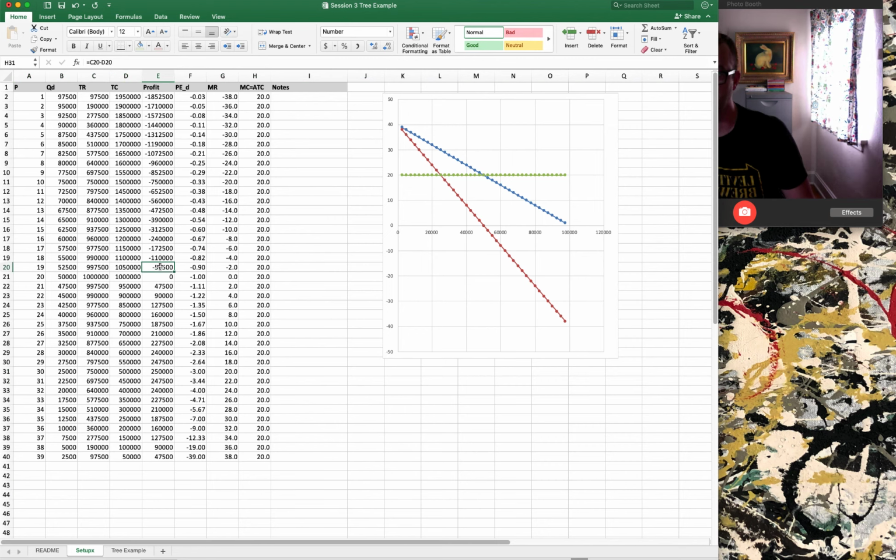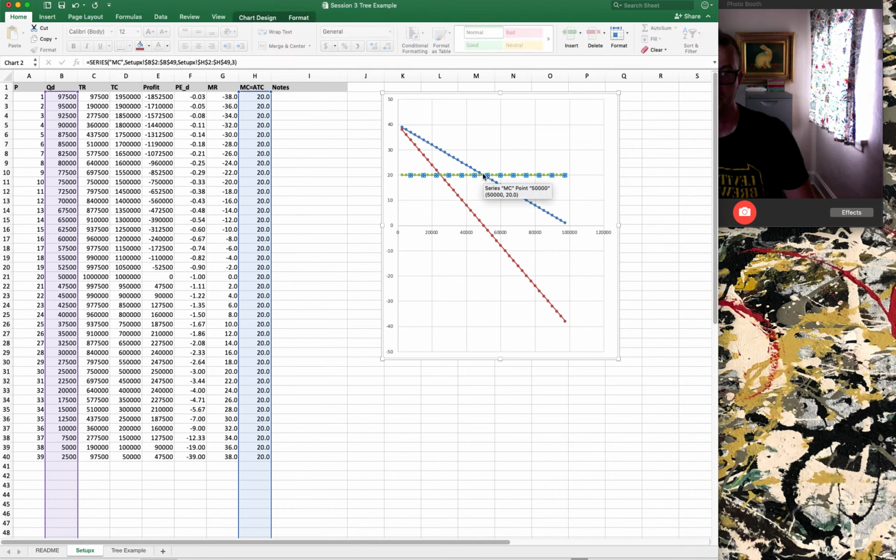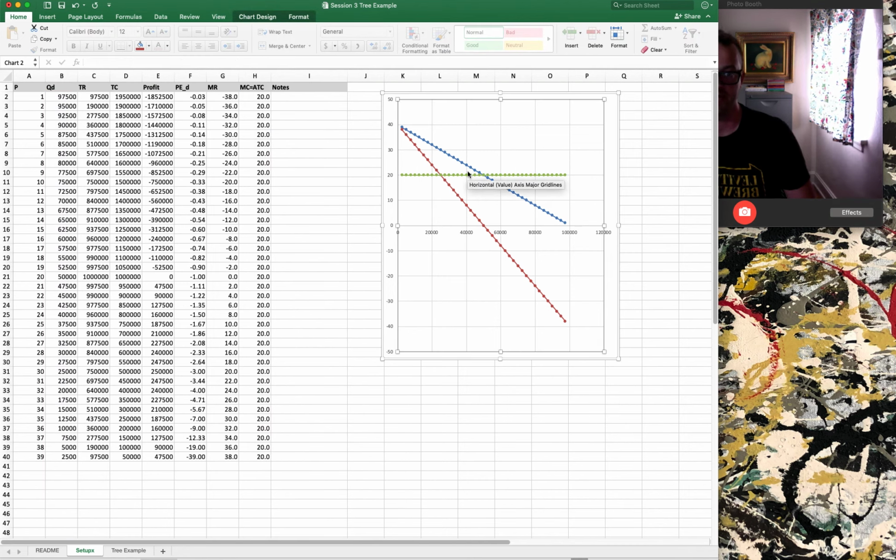Break-even point is where profit is zero, and it goes from negative to positive. That's at a price of $20, selling 50,000 units. So that happens to be where the demand curve crosses the marginal cost curve.